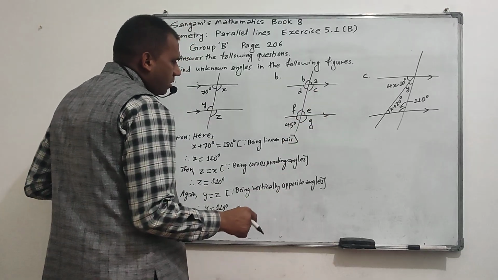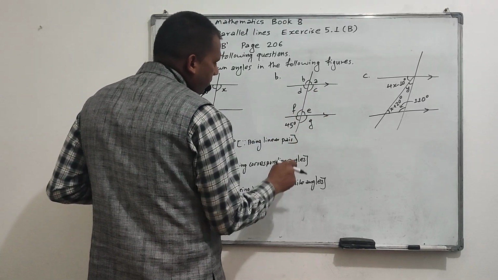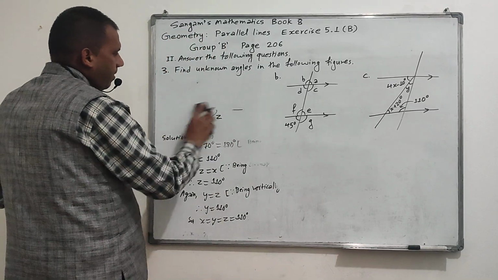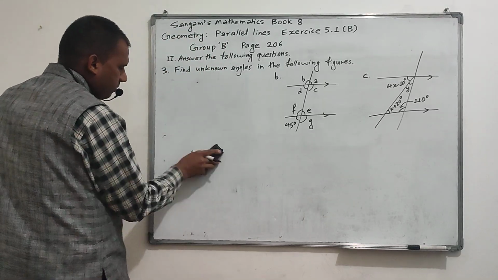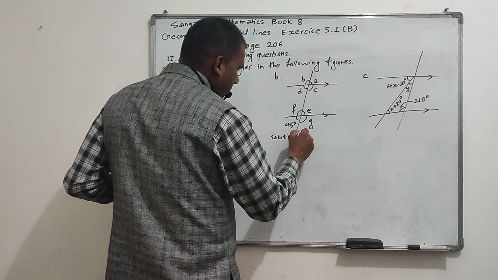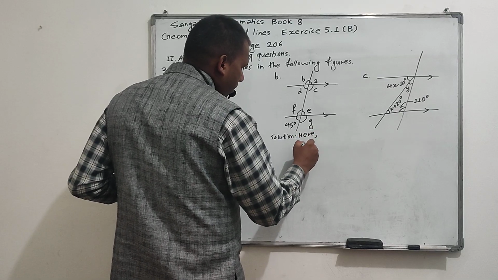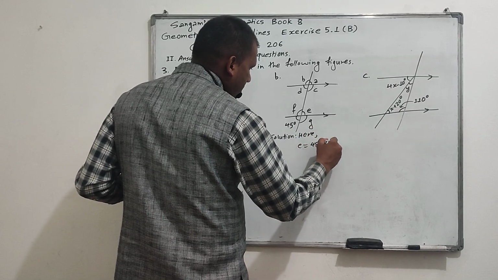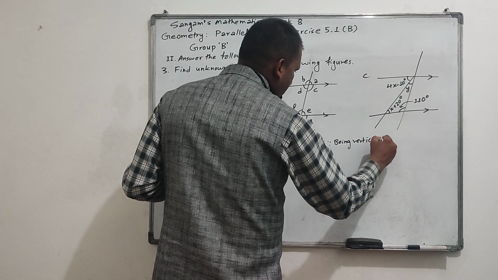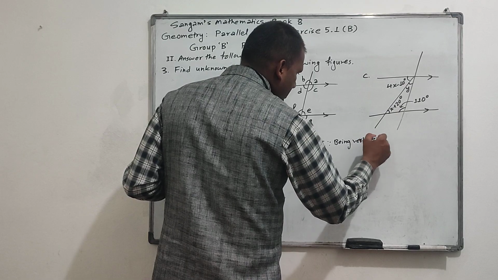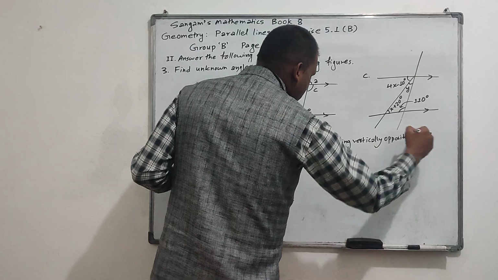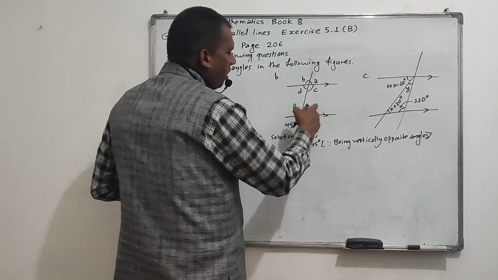Now for B, in this figure, E and 45 degrees are vertically opposite angles. So for B, solution: E equals 45 degrees, being vertically opposite angles.